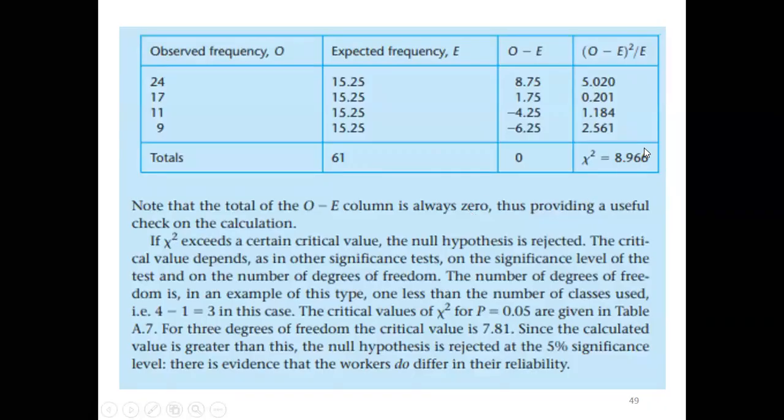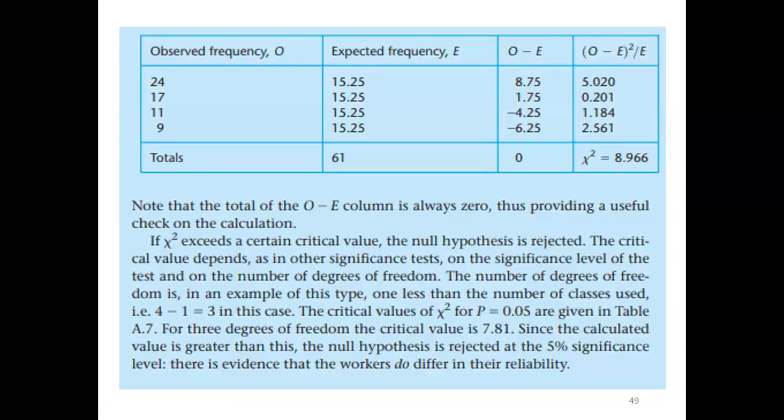Then the calculated value for chi-squared is 8.96. The 8.96 is greater than the critical value, because the critical value is 7.81.